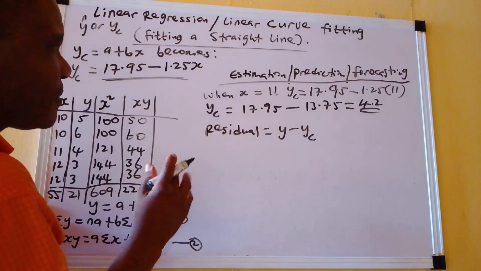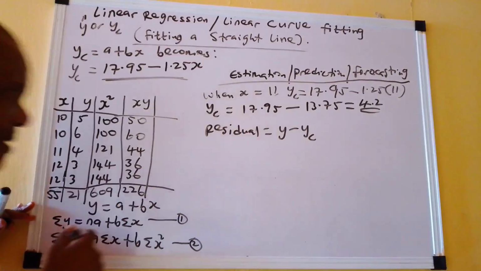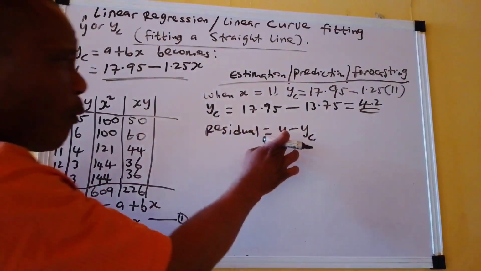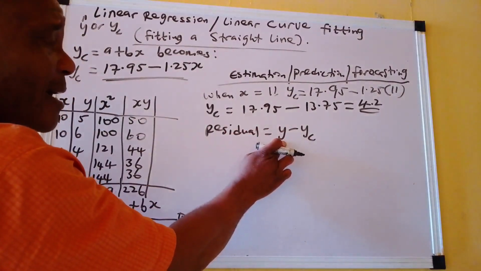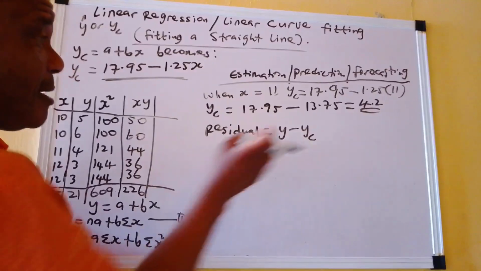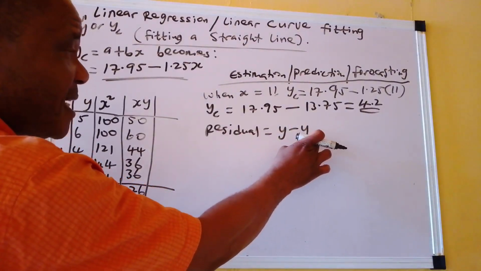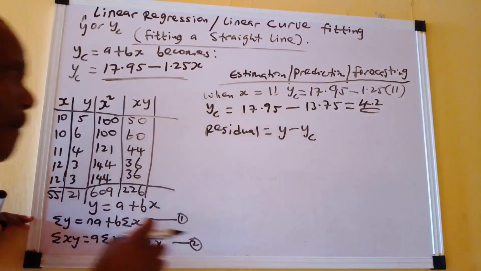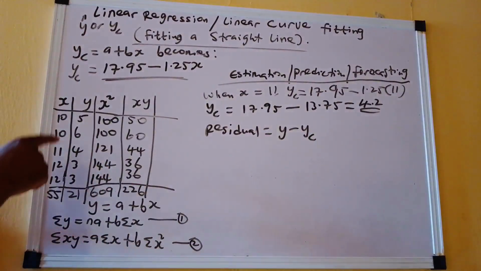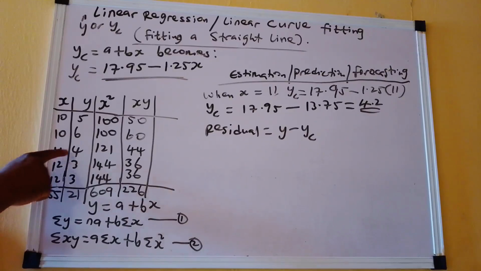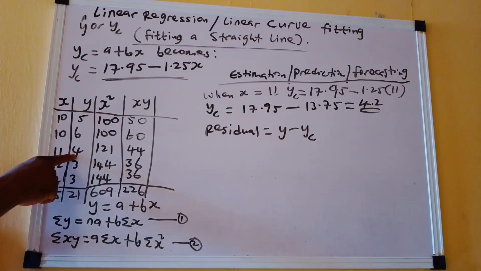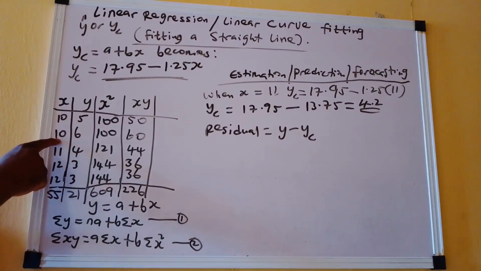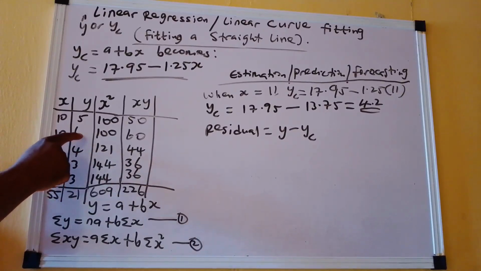For the observed values, there is this value of y here, the observed value of y that came with the raw data. This yc is the estimated value of y. When x is 11, what is our original value of y? It is 4. When x is 10, the original value of y is 6.